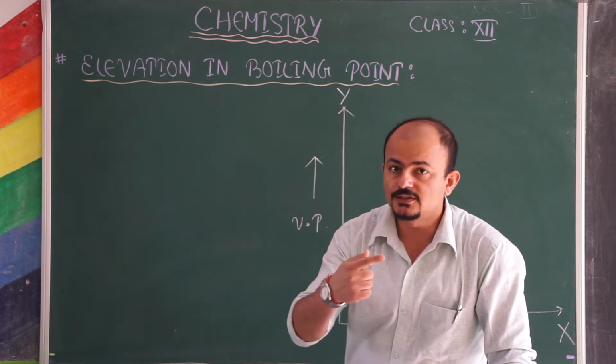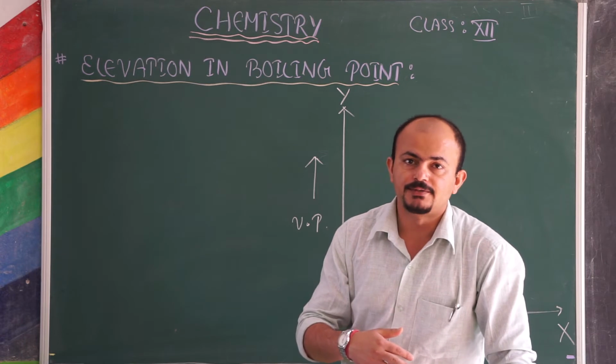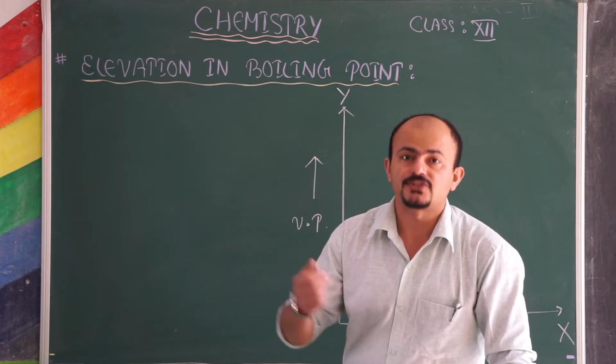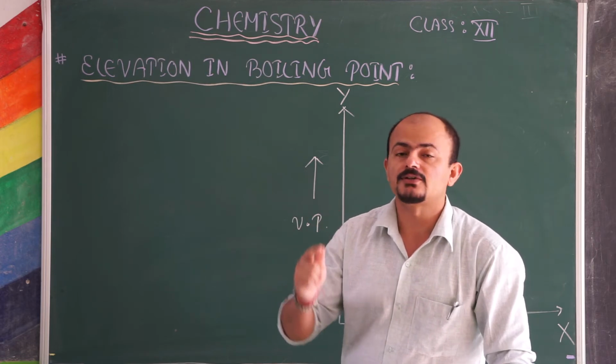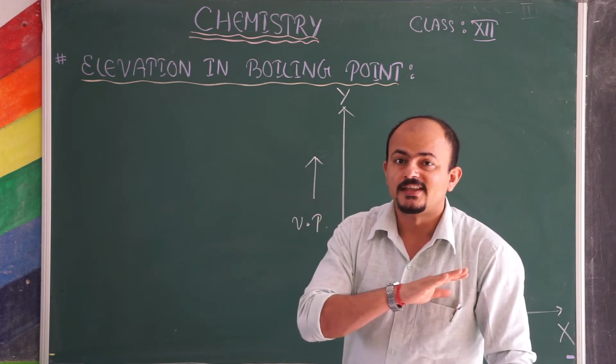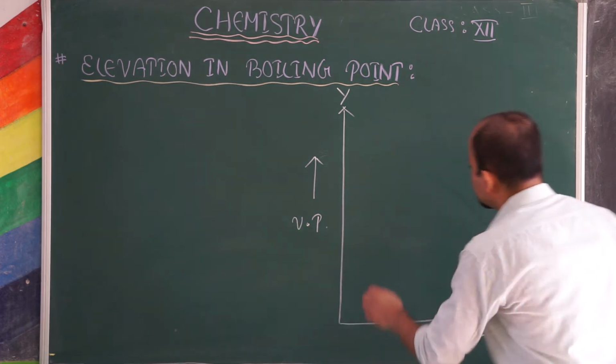Now suppose we have two vapor pressure curves: one for the solution in which solid particles are present, and one for the pure solvent. We just discussed that the vapor pressure of pure solvent, which does not contain the non-volatile solid, will be more. Therefore, its curve will be higher.